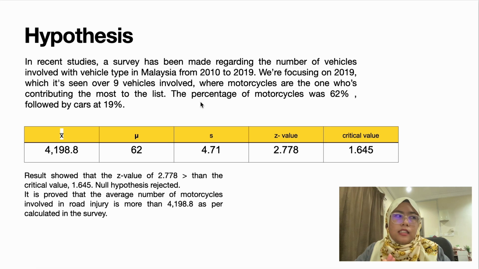We checked the confidence value, the standard deviation, the mean, and more. From here, we found that the null hypothesis is rejected because the value is much higher than the critical value.